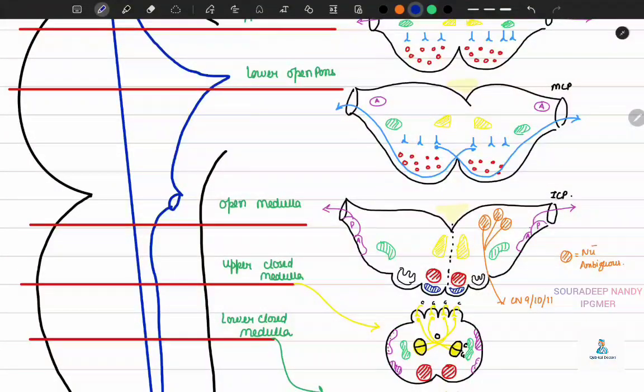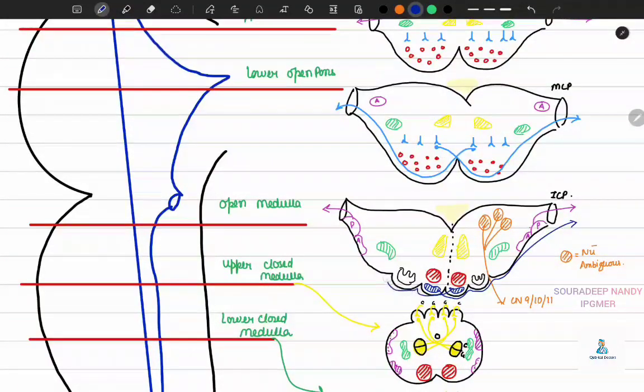It has two types of fiber. One type of fiber passes to the external part of the open medulla and enters the cerebellum.